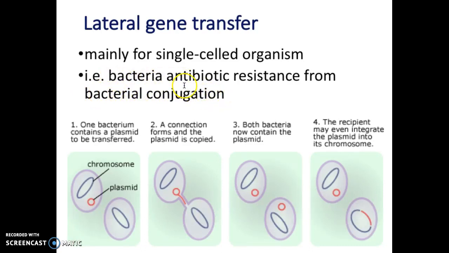Bacterial antibiotic resistance is when a bacterium has a plasmid that allows it to be resistant to an antibiotic, which is supposed to kill the bacterium.